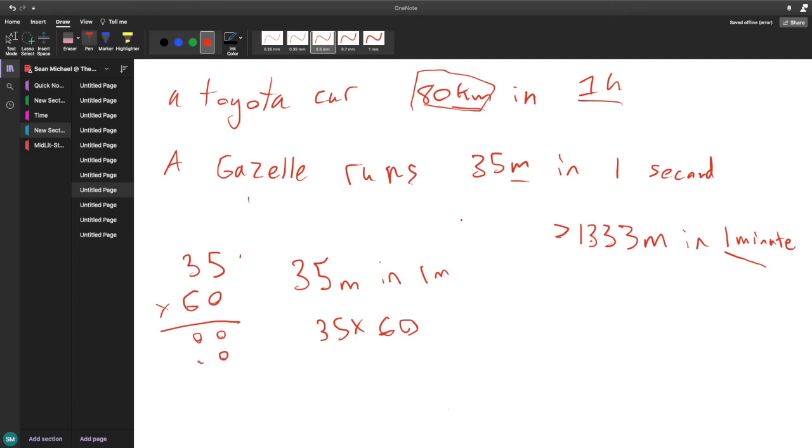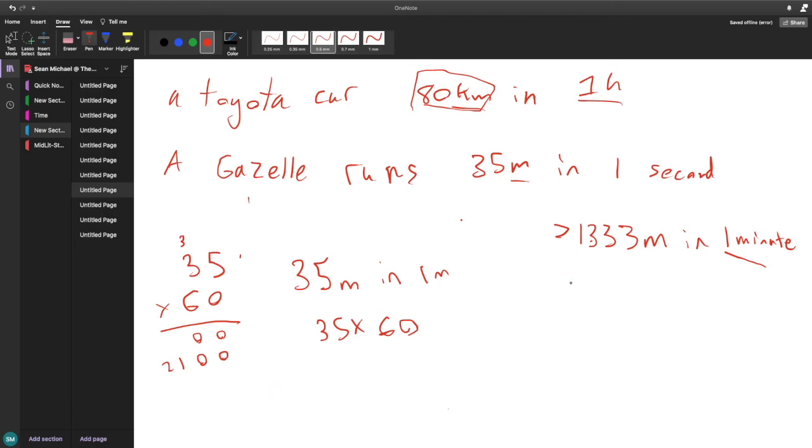So we actually put another 0 here, and we put the 3 over here. 6 times 3 is 18, plus the 3 is 21, and so we'll just put the 21 here, and this is how fast it goes in a minute, right?